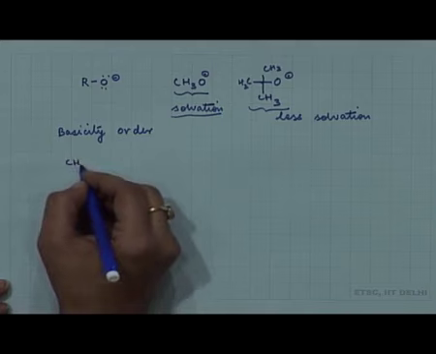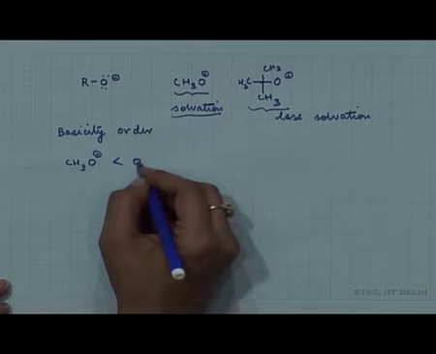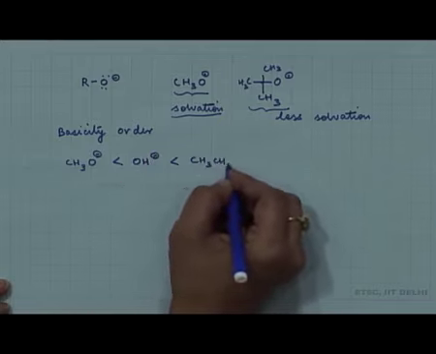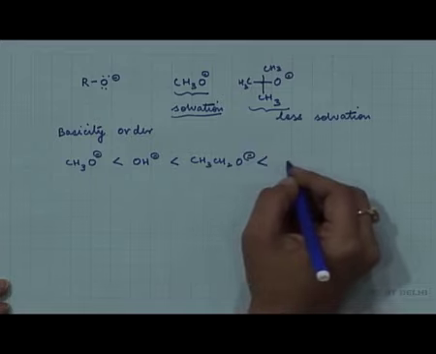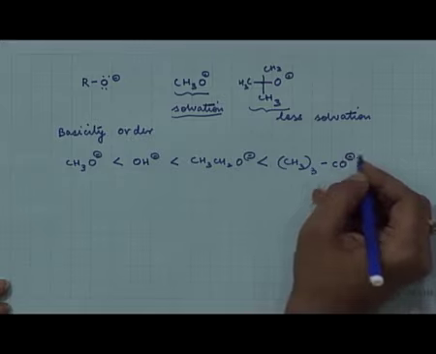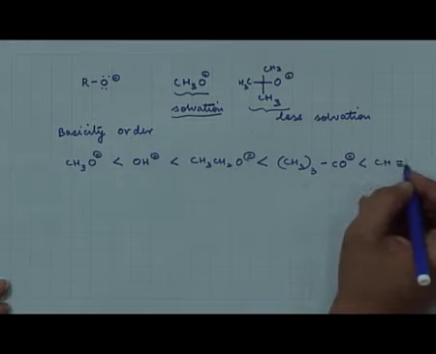In terms of the order of basicity of these bases, I can say that sodium methoxide is a weaker base as compared to hydroxide, and then you move on to ethoxide, the same order which we saw for the corresponding acids or alcohols of these bases.